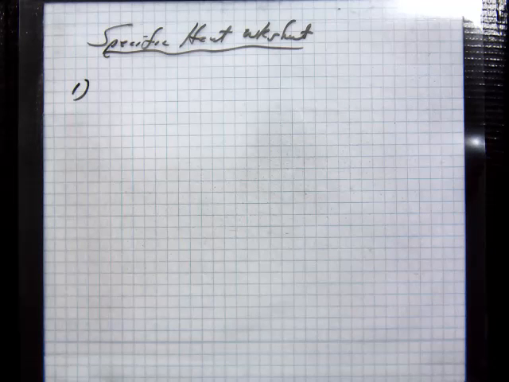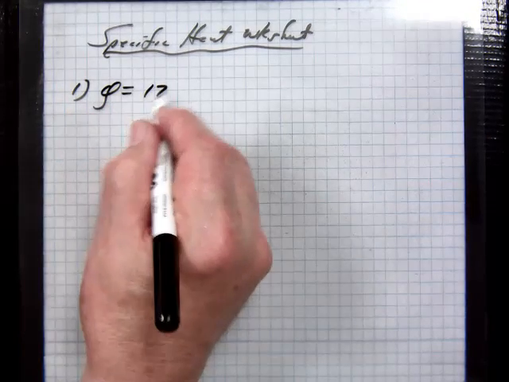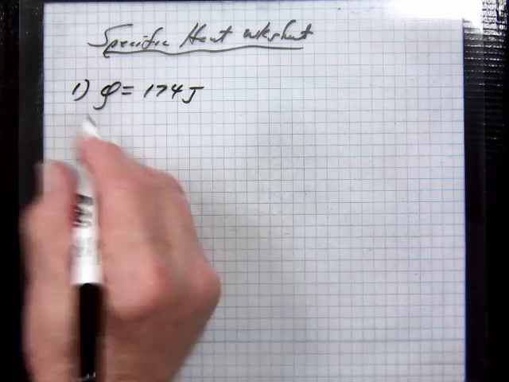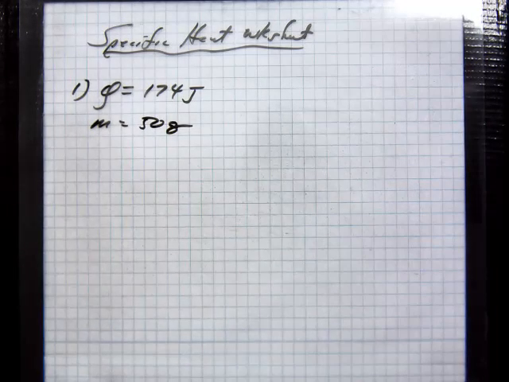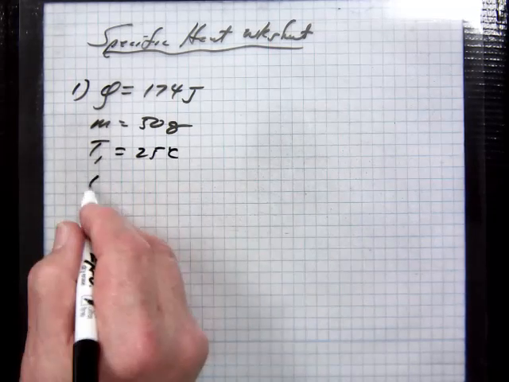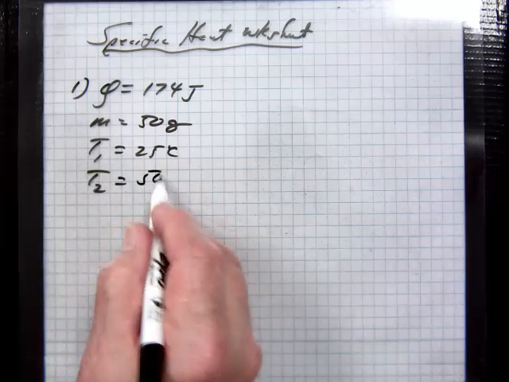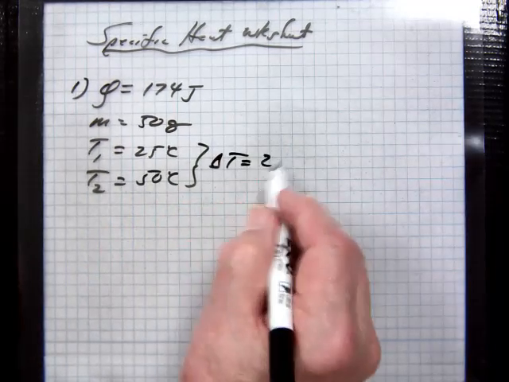All right, 174 joules is required, so I'm going to say Q is equal to 174 joules required to raise 50 grams mass from 25 to 50 degrees. T1 is 25 degrees C, T final is 50 degrees C, delta T is 25 degrees C.